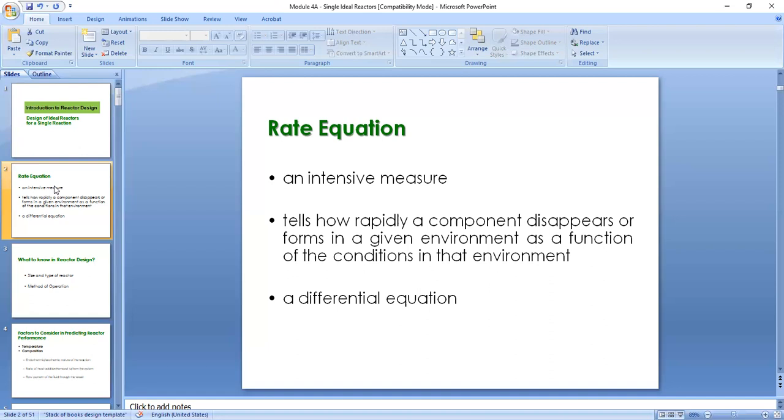But when we speak of the rate equation, we change the rate expression, rate R on the left side of the equation, to the derivative of the concentration with respect to time, or it could also be the derivative of conversion with respect to time. So that is why it's a differential equation.